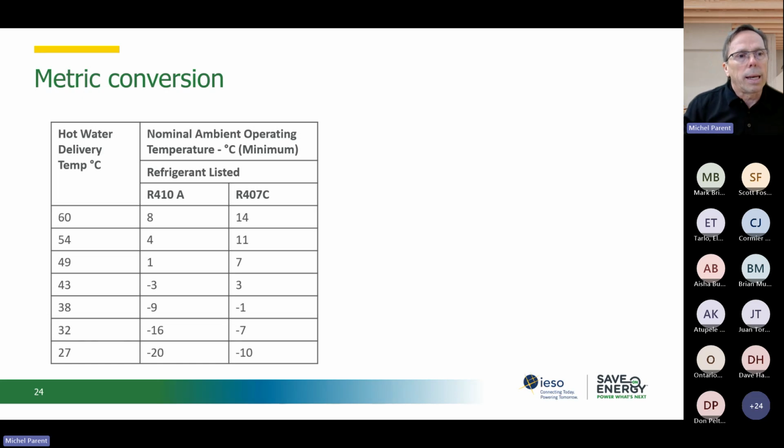So again, you can heat the building with 60 degrees water when it's 8 degrees, but as it drops, you can't. So you'll have to either have larger perimeter rads, which means a very expensive retrofit, or you have to have a low temperature loop, or you will have to cascade that again with another heat pump that will boost that 60 degrees water temperature to a higher temperature.